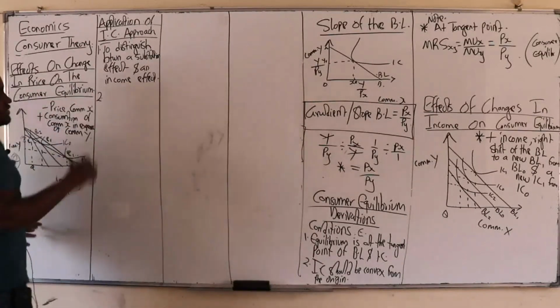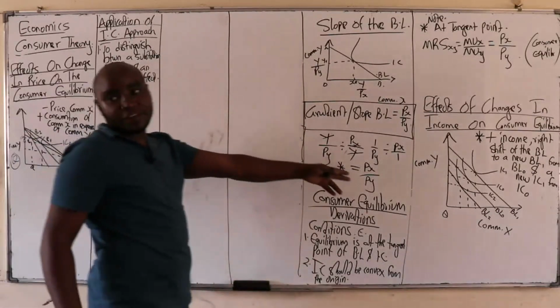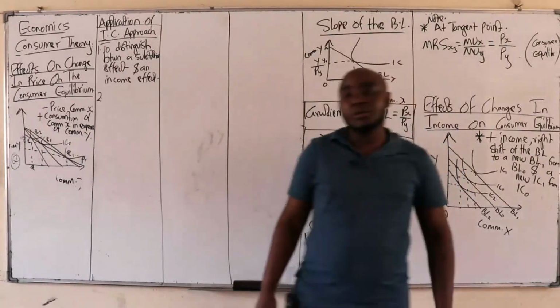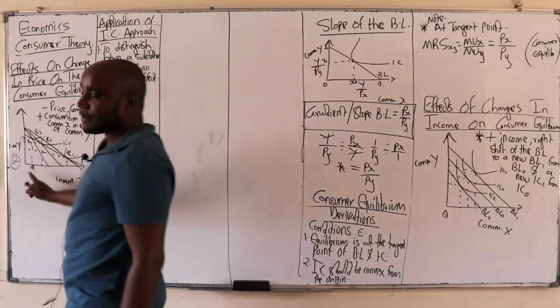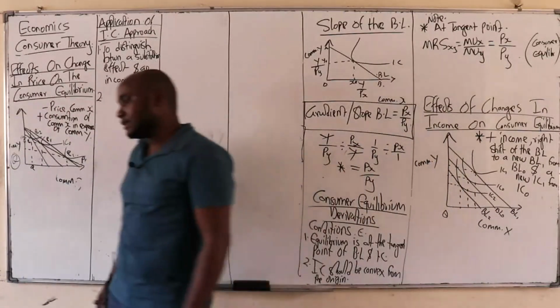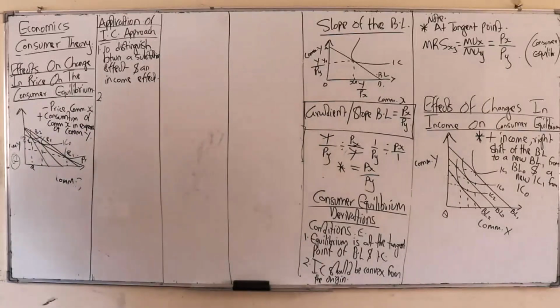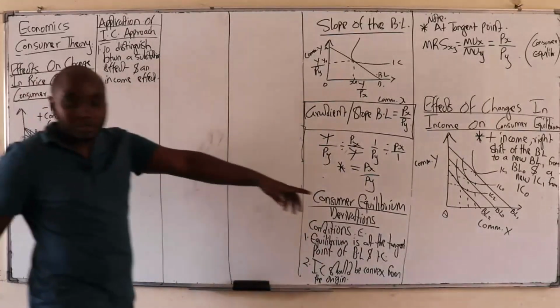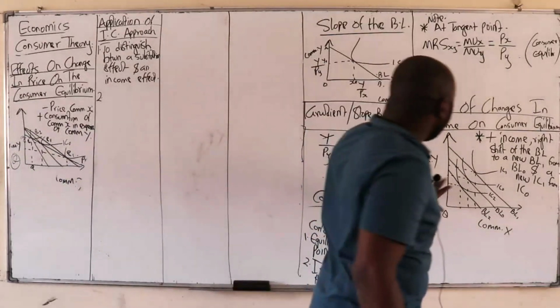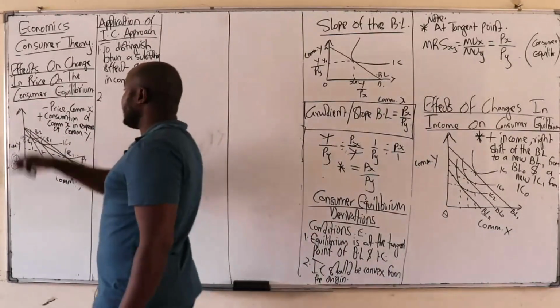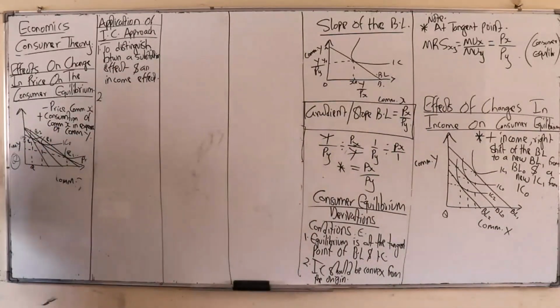That's whatever you have just said: this is the income effect, the effect of changes in income on consumer equilibrium, and this is the substitution effect.